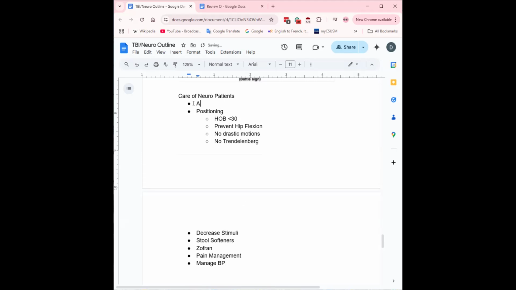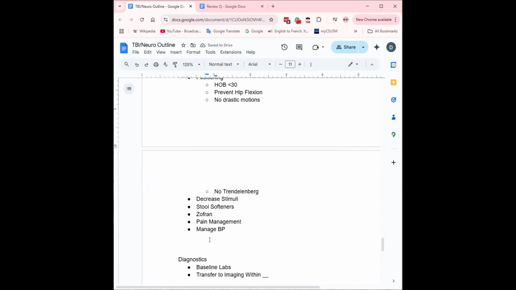I'll include ABCs because that's pretty obvious. So we'll just keep that in there. ABCs, we say intubate if GCS less than 8, intubate. I'll write some of the stuff you guys already talked about. So hyperventilate to decrease CO2. I like that. Seizure precautions, because what's more stressful than a seizure? I mean, you're gonna try your best to prevent it.